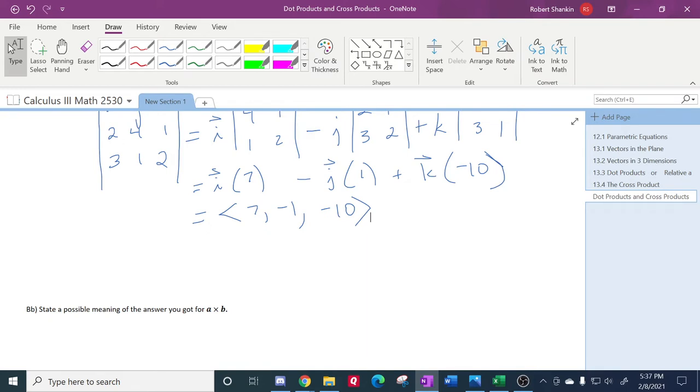Now in your Discord group, type in your answers and look to see what other people got. We'll see if together we can come up with lots of different possible ways to interpret this answer.